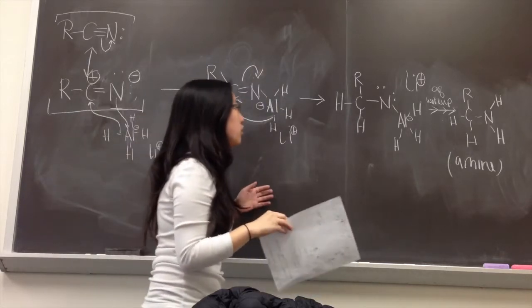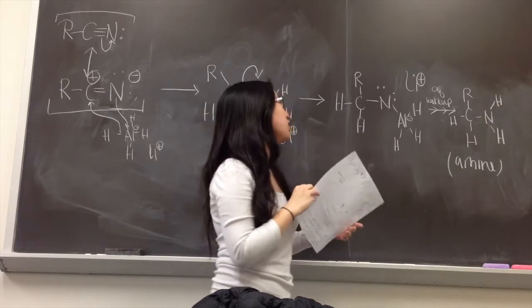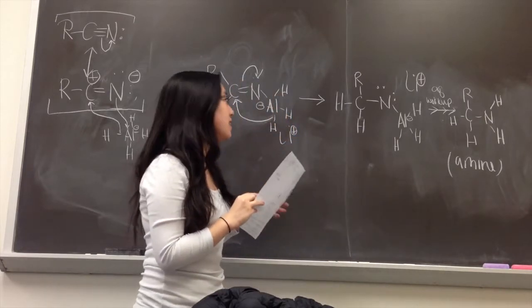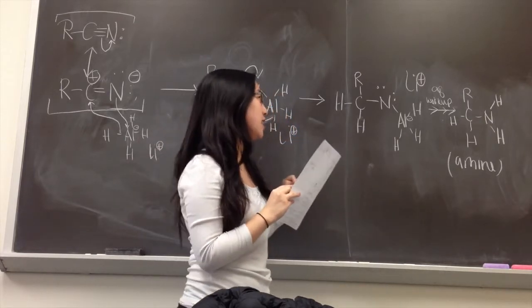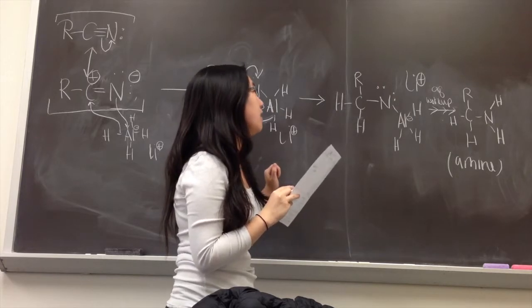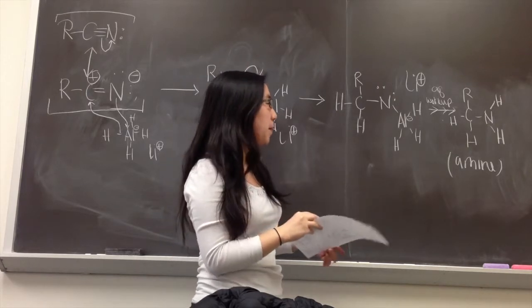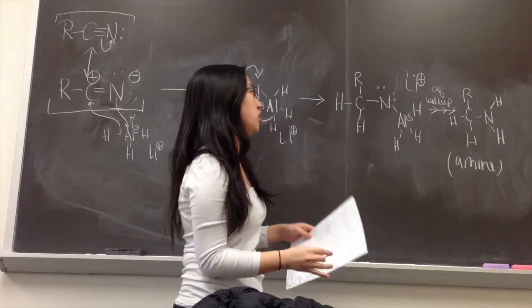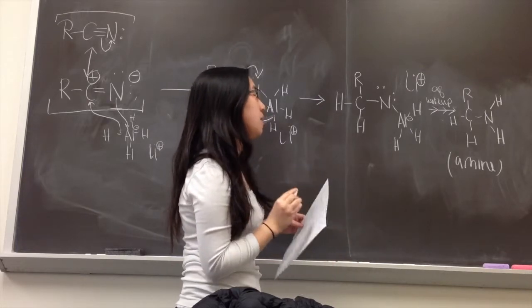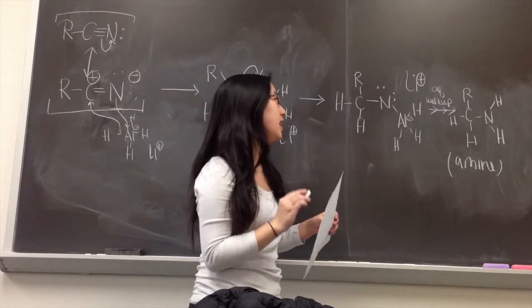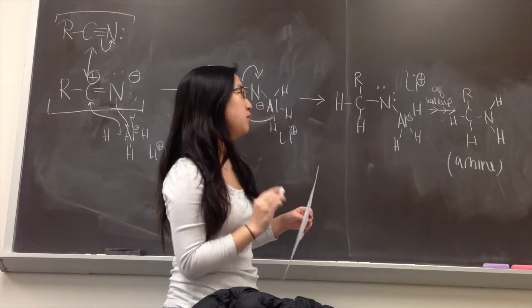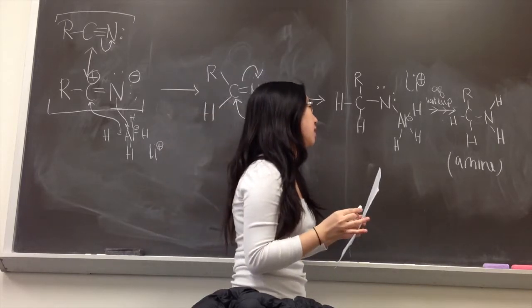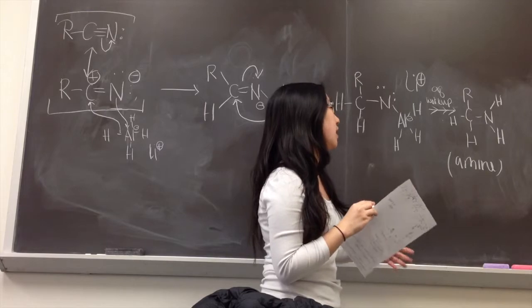This creates a structure where carbon is bound to two hydrogens now, and nitrogen is still attached to the aluminum. Then, after aqueous workup, we get a structure where carbon is attached to two hydrogens, and nitrogen is protonated with the aluminum coming off and dissociating, and we get the amine.